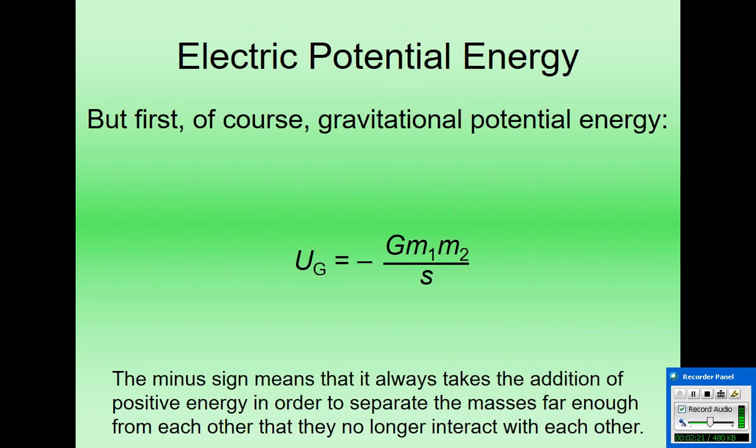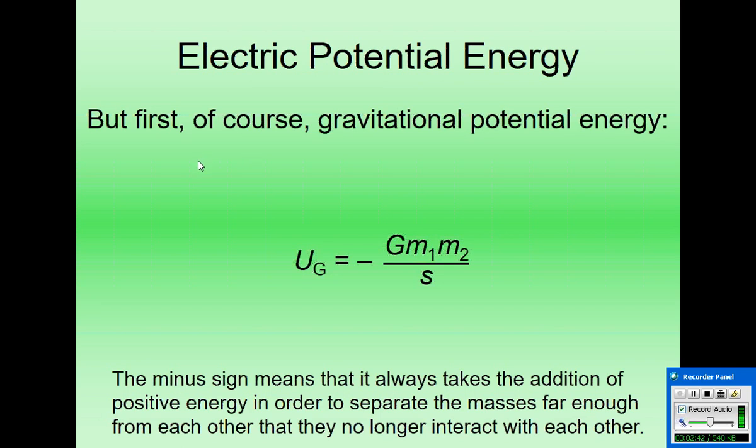So I came along and added work to the system just to get to zero. I must have started with negative potential energy. So the minus sign exists because these two masses attract each other, and I have to add work to the system just to get them to zero energy in their interaction with each other.